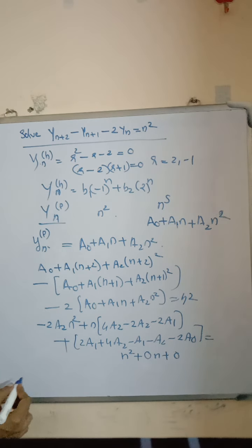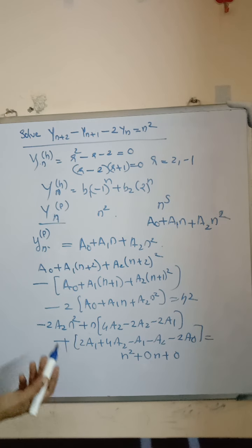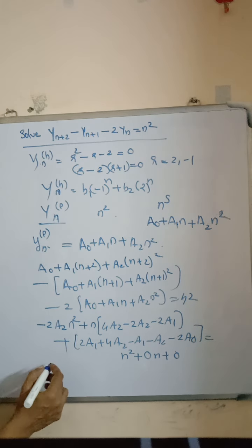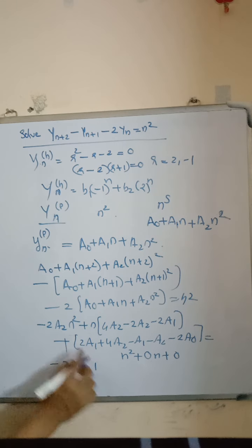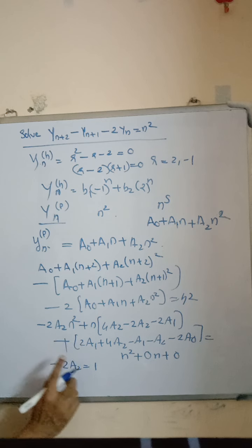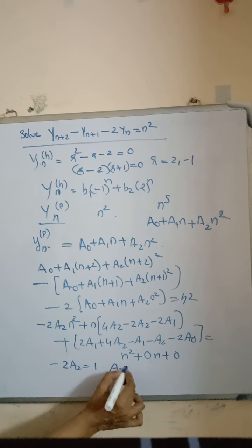Then equating the coefficients. If we equate the coefficients of n square, we get minus 2a2 is equal to 1. Here the coefficient of n square is minus 2a2 and here it is 1. So a2 is equal to minus 1 by 2.